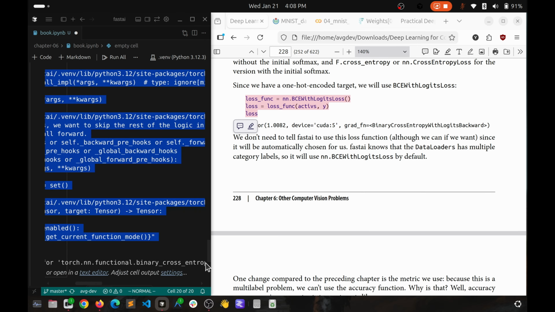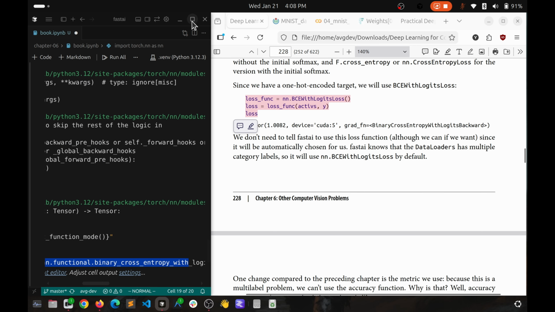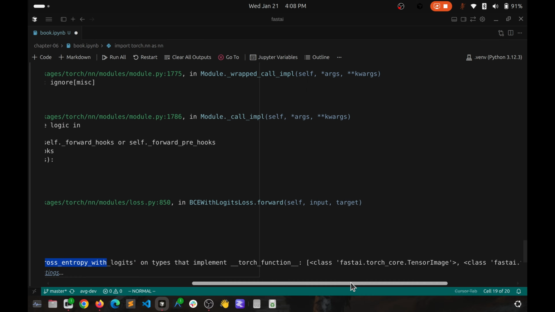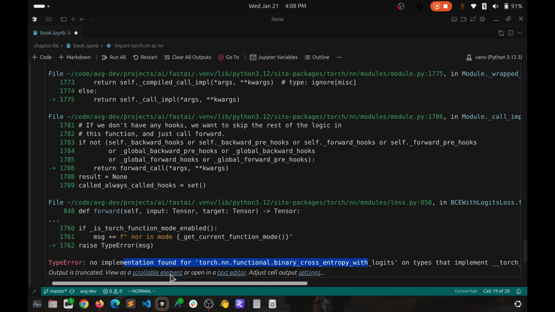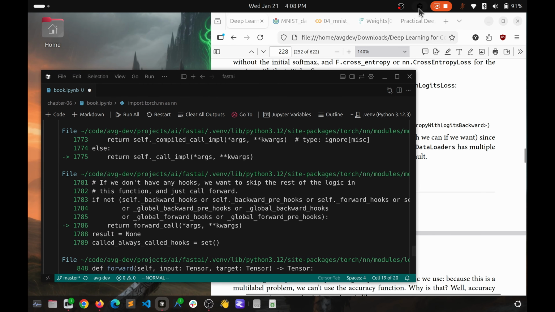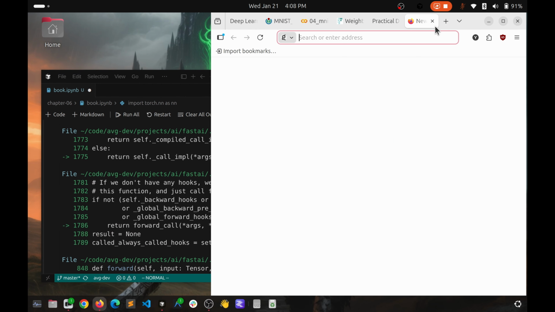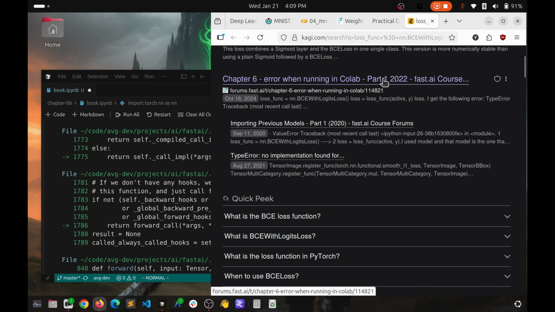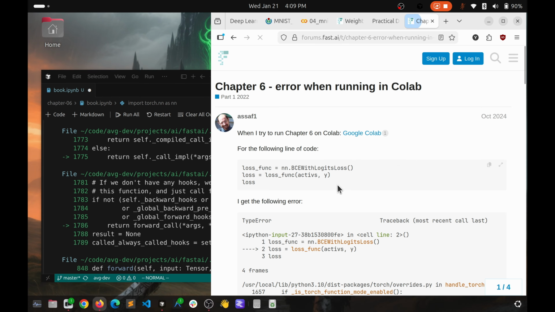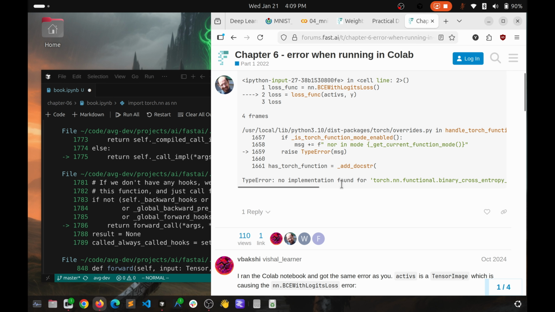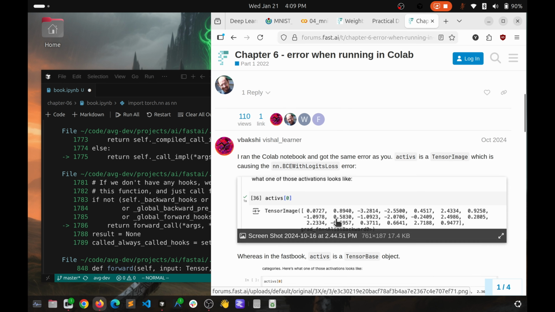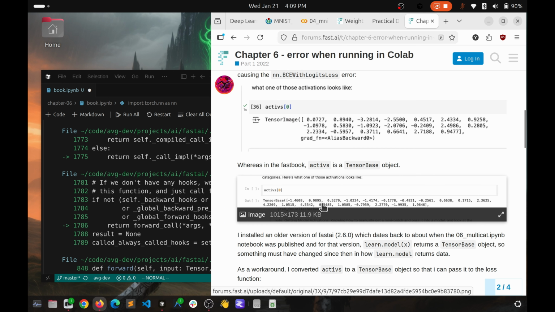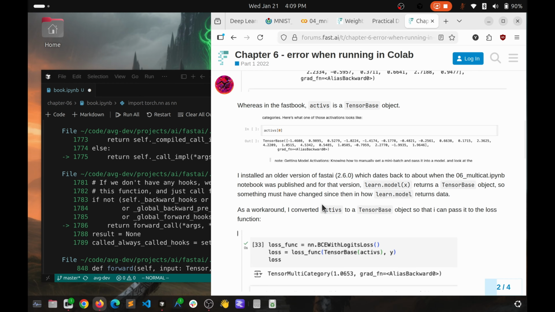No implementation found for torch. Let's look that up. Yeah, no implementation found. Cool. Might be another mistake.